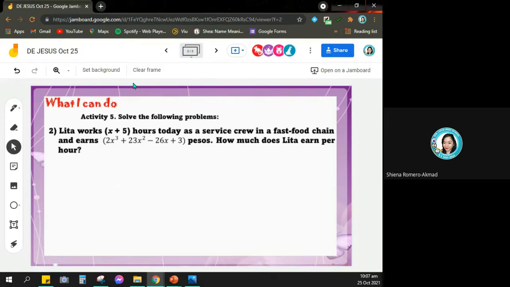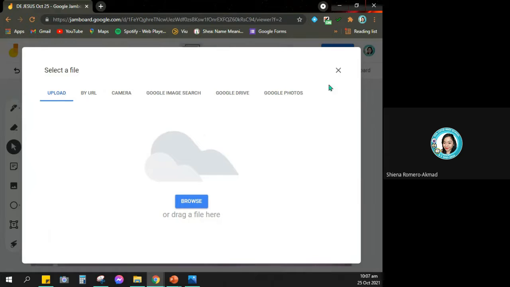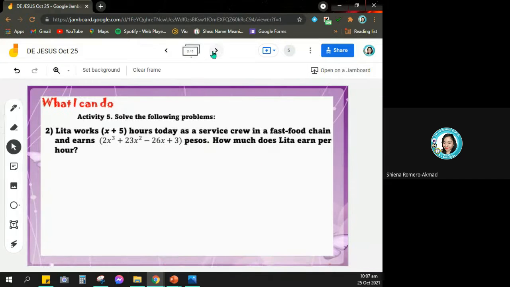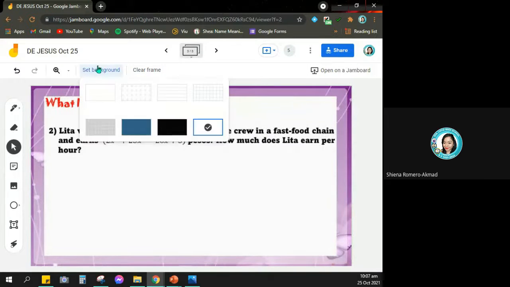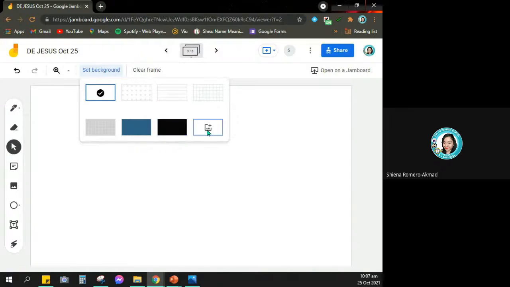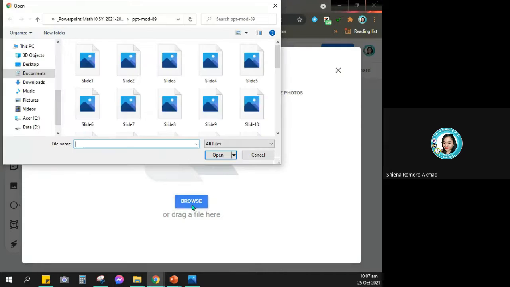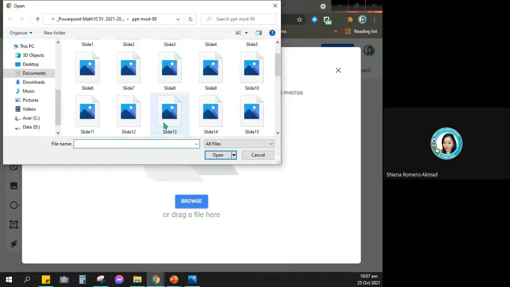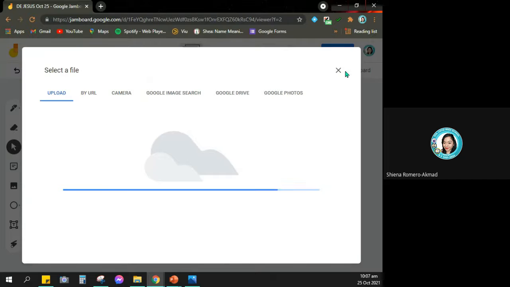Oh, mali yung clear frame. Ano, mag-clear frame? Add tayo. 24, 19, 18, 17, 16, 15, 14. Tayo natin yung 14.